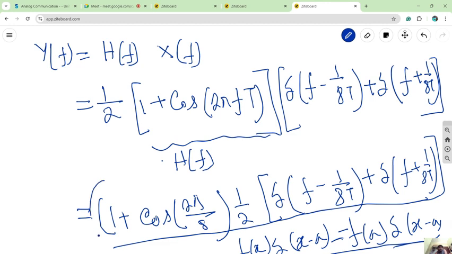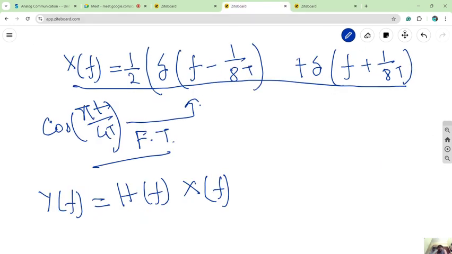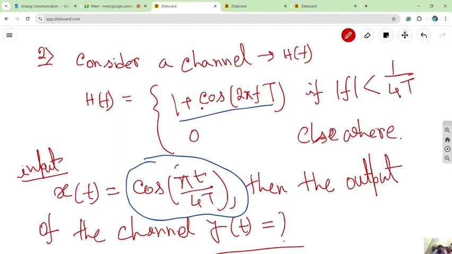And now from here we can write what Y of t is. So this is a particular constant. There is no frequency dependent term. So this is a constant multiplied by 2.